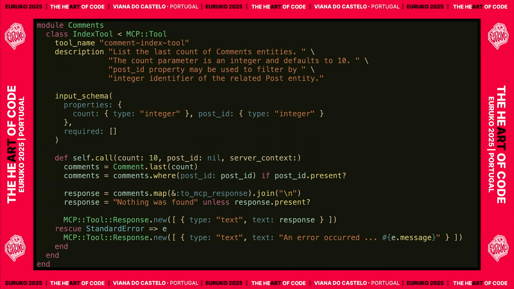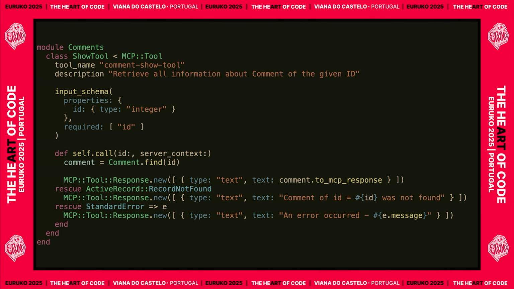We can list the last n, by default 10 comments, but you can find that it has the ability to filter by post ID as well. So you can ask for comments belonging to a post. And one more, a simple tool just to fetch a single comment. We just have to provide the ID.